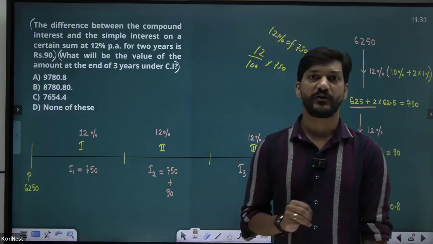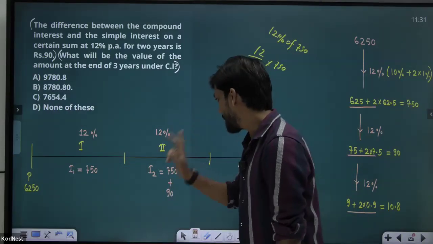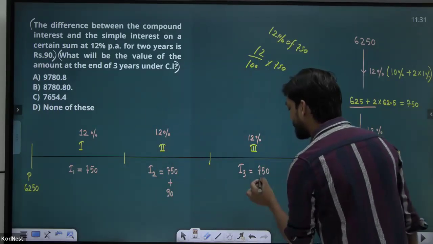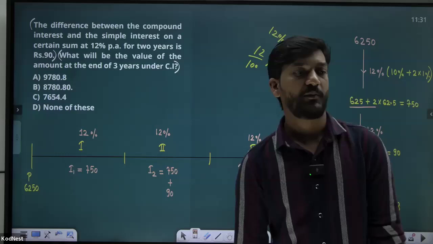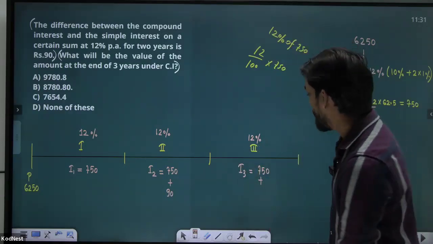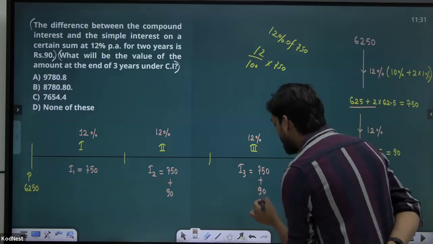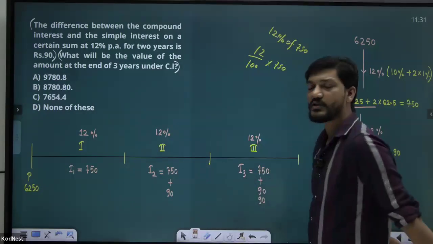Three numbers you are observing. 12% of the first number, 750, is 90. 12% of the second, again 750, so again 90. And 12% of 90, how much?